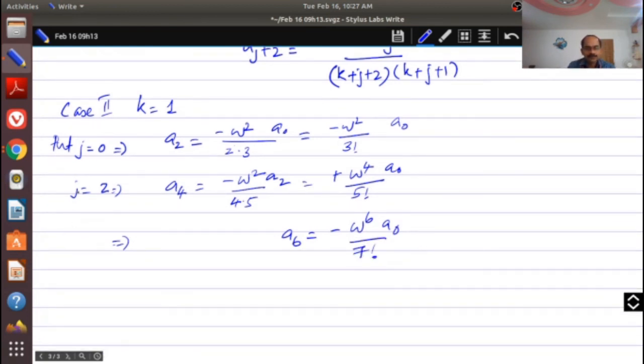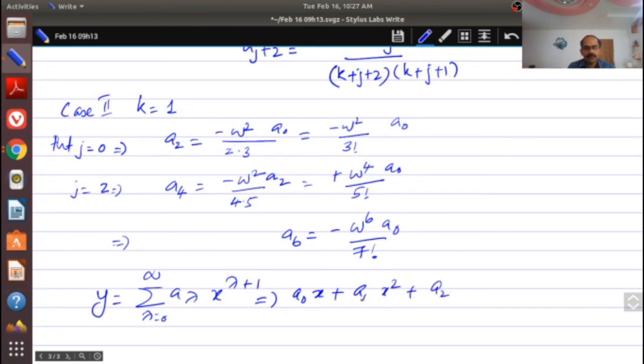Let's do the substitution. Straightforward, y is equal to summation over lambda equal to 0 to infinity a lambda x raised to lambda plus k, and k is 1. So this will be a0 x raised to 1 plus a1 x squared plus, oh no, a1 is not there, so I can avoid it.